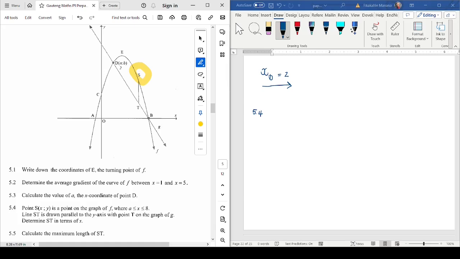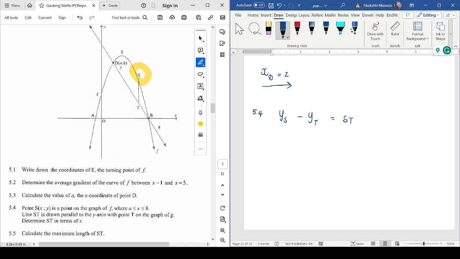Now, what is ST? S would be a point on f, and T is a point on g. And the vertical distance in between them is like taking the y-coordinate of S minus the y-coordinate of T. That would give you the length ST because they are parallel to the y-axis.